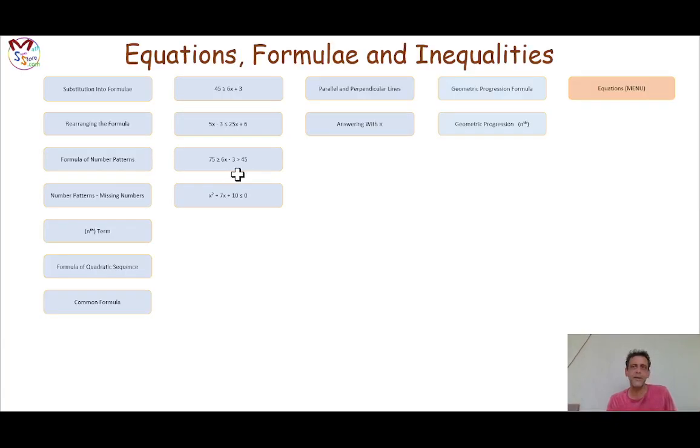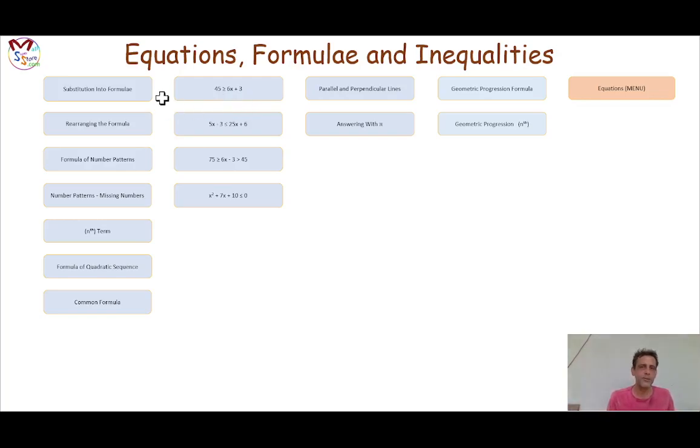Equations and formulas, and a sub-menu here is for the equations. As formulas, we've got substitution into formulas, rearranging the formula, number patterns with missing numbers, the nth term, formula of quadratic sequence, common formulas, that's the area of a square, area of a rectangle, a circle, volume of a cuboid, pyramid, prism.